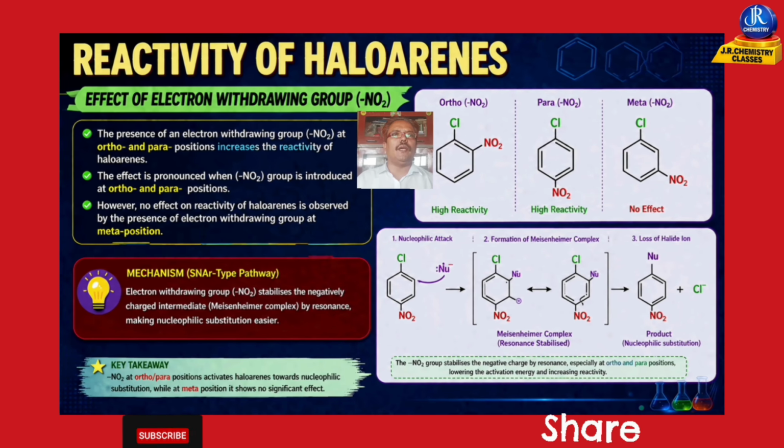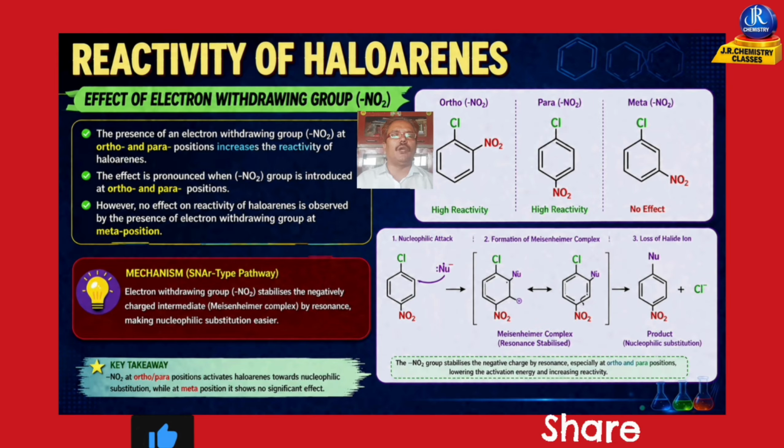The presence of an electron withdrawing group like NO2 at ortho and para positions increases the reactivity of haloarenes. The effect is pronounced when NO2 group is introduced at ortho and para positions.